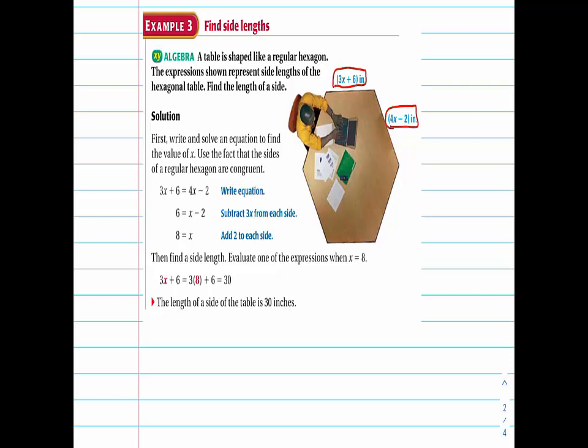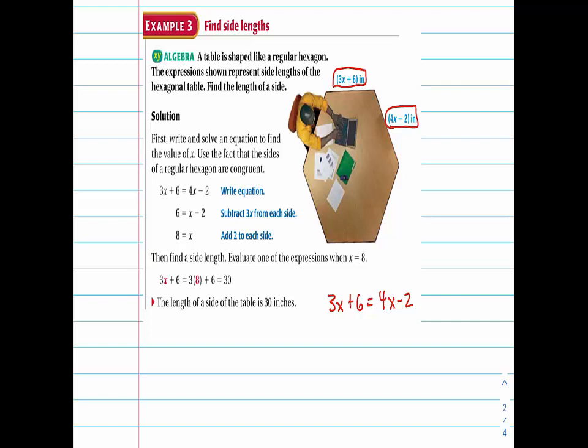Now, if this is indeed a regular hexagon, and it is, then that must mean that 3x plus 6 is the same as 4x minus 2. These lengths are the same.